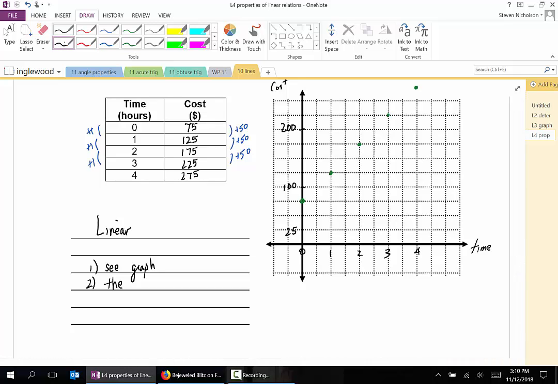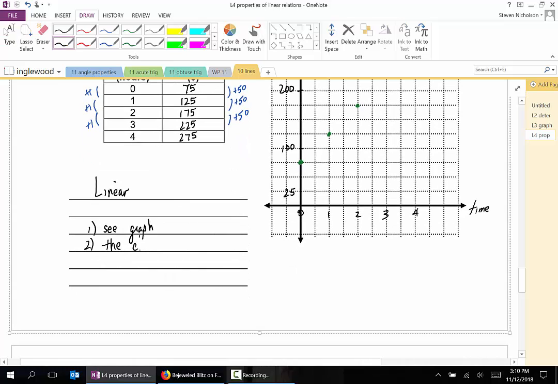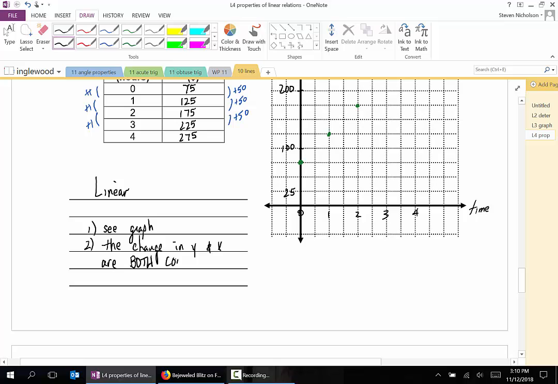So again, the change in y and x are both constant. That both constant is important. If one is changing and the other one isn't, like the example above, not linear. We don't actually even have to draw the picture.